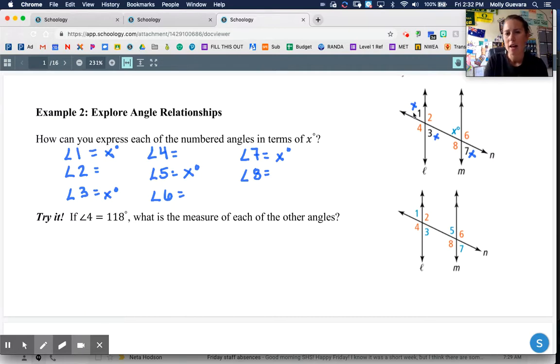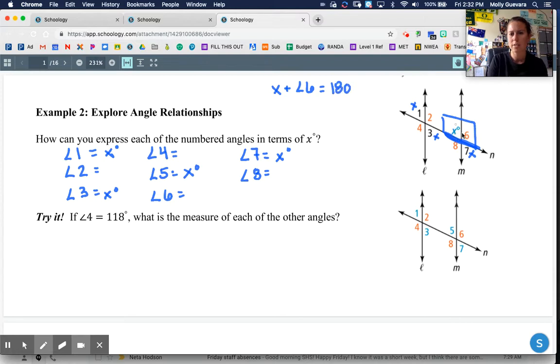Now, let's look at just these two angles. These two angles right here make this straight line, right? We all see the straight line. Well, the measurement of a straight line is 180. So I know that x plus angle 6 equals 180, right?